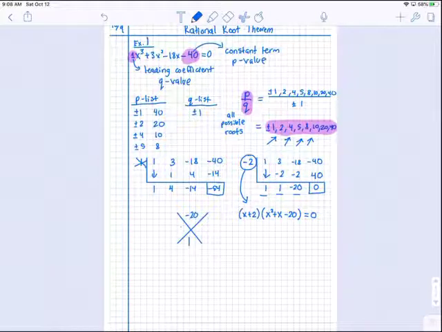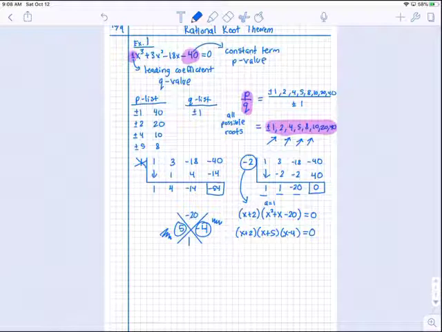Well, that is going to be 5 and negative 4. Now, since your leading coefficient is 1, this shows us that 5 and negative 4 are our factors for x squared plus x minus 20. So x plus 2, x plus 5 coming from over here, and x minus 4, which is coming from over there. And all of that is equal to 0.